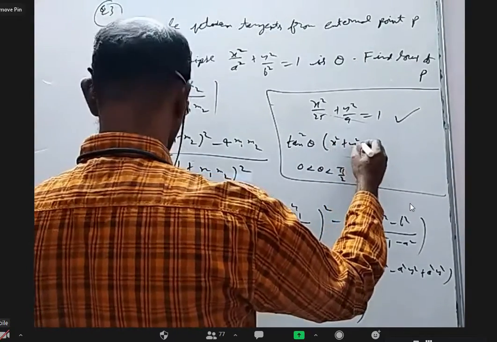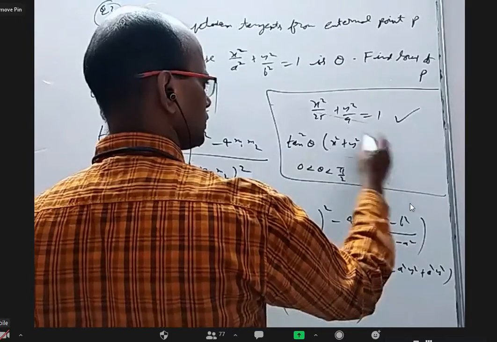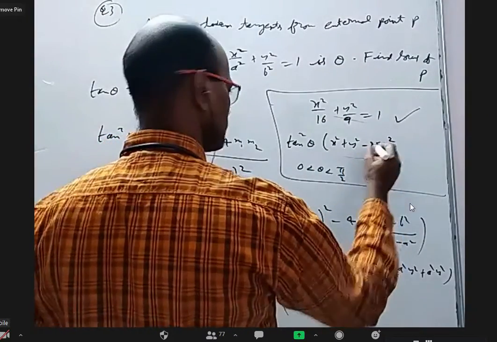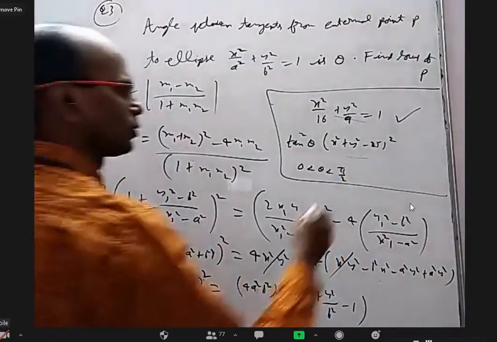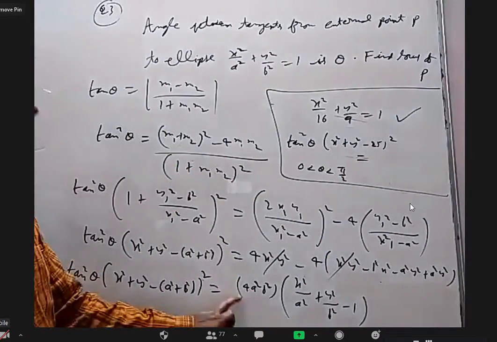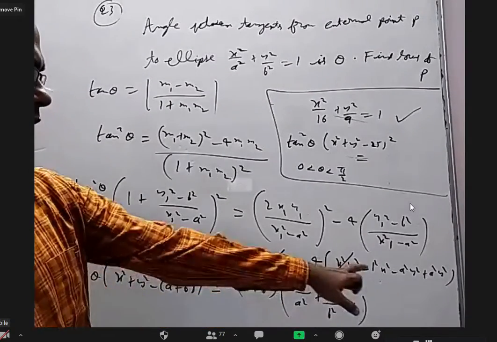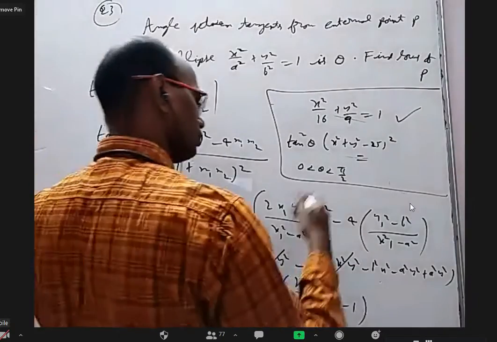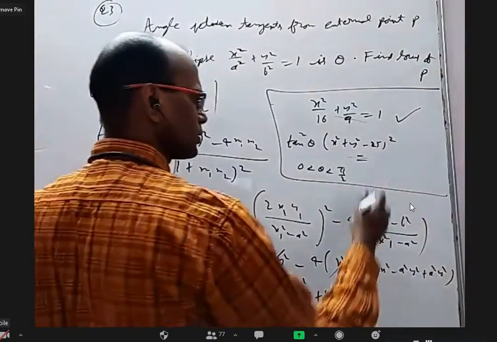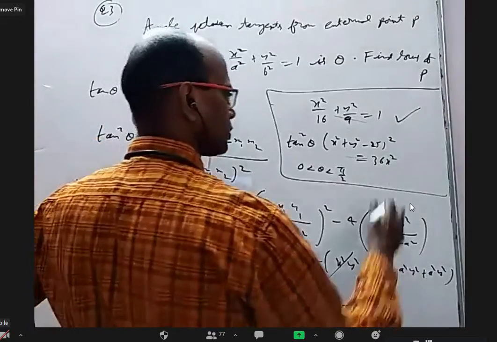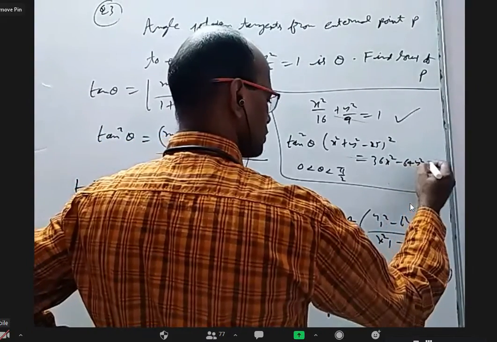And what is this? x square plus y square minus, better take 16, just we'll see, 25 whole square equal to the right side. What will happen? 4a square b square. Anyway, I want to take it inside. 4 also you can take inside. 4b square is 36x square. 4a square is 64y square.